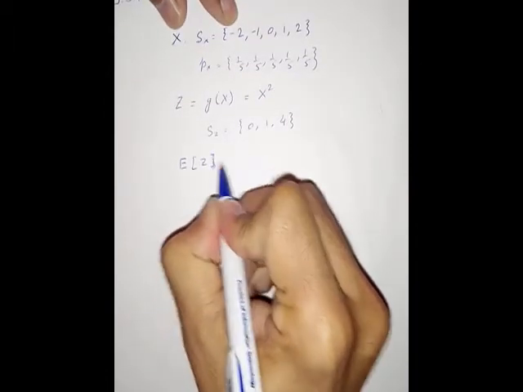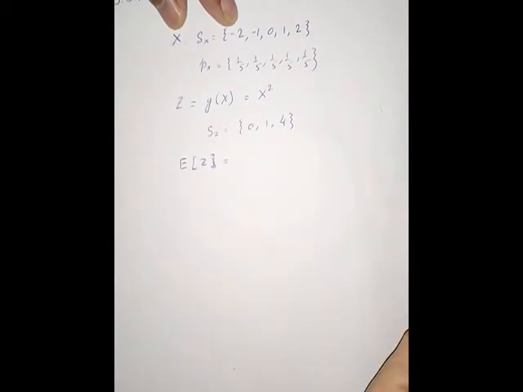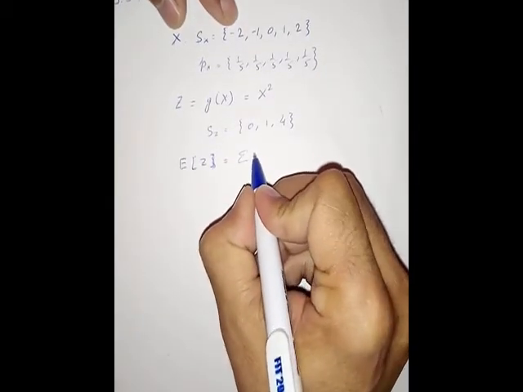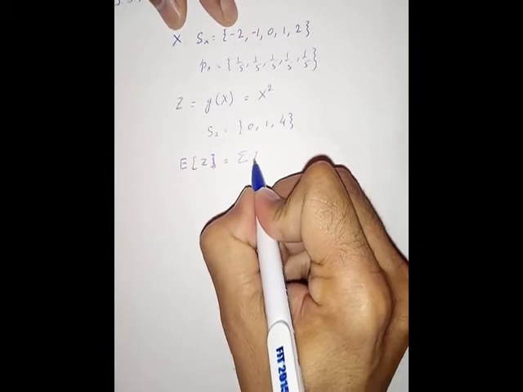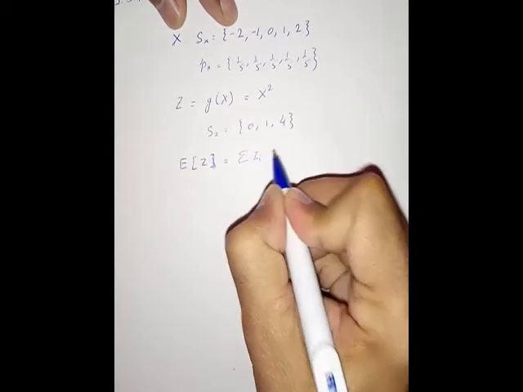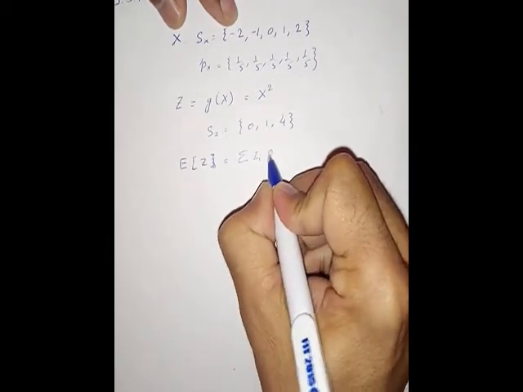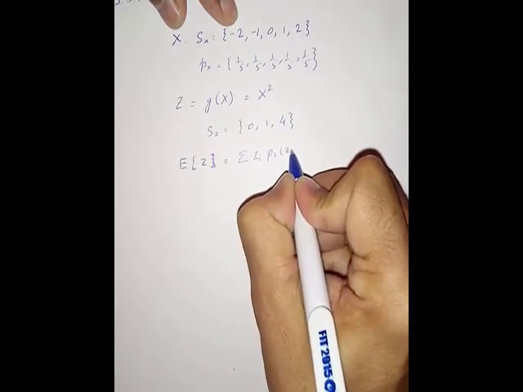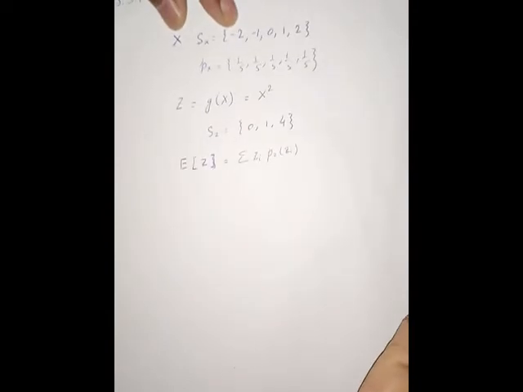As we know from the previous lectures, the expected value of any random variable is found by multiplying the values of that random variable by their respective probabilities.